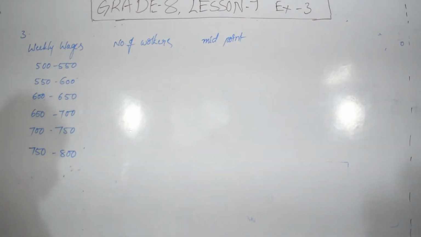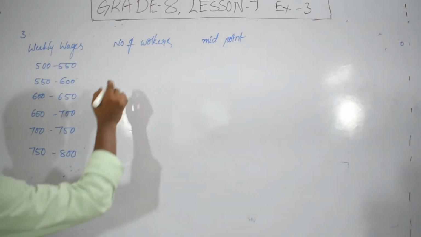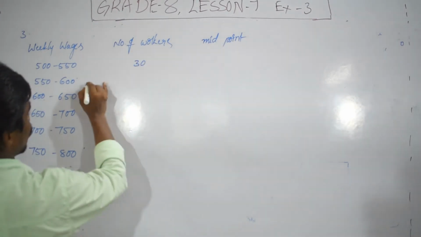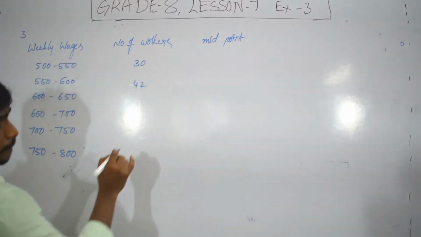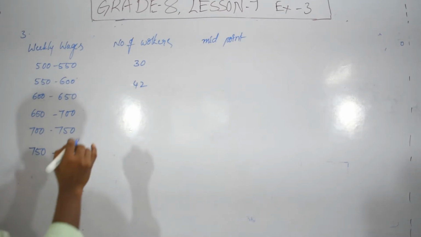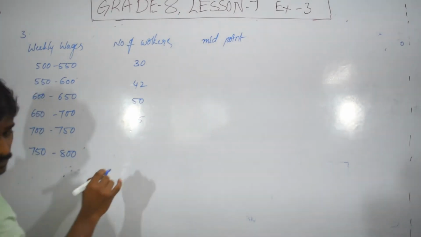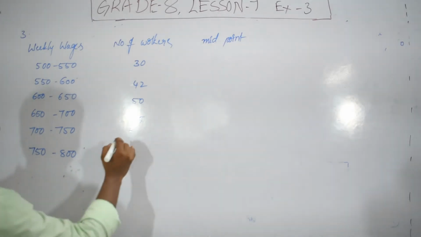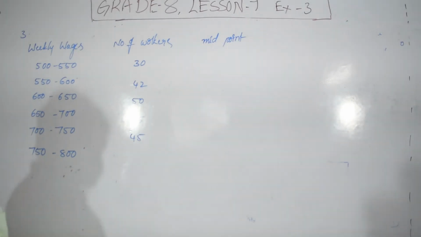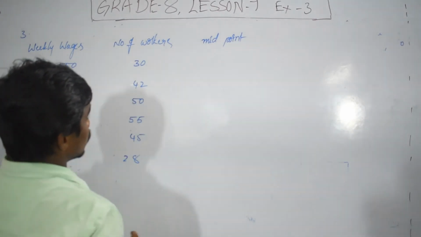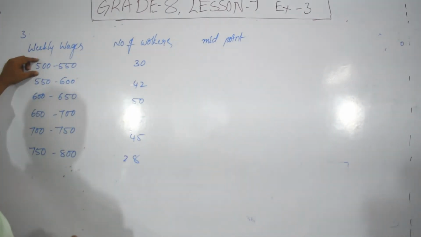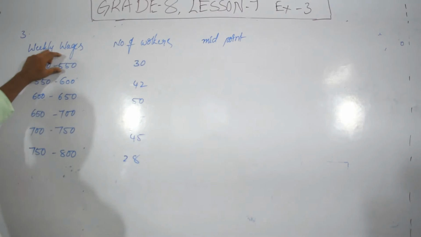Next, number of workers: 30, 42, 50, 55, 45 and 28.